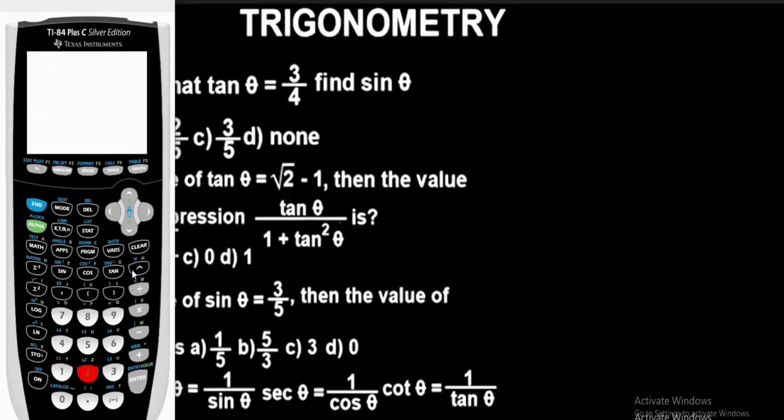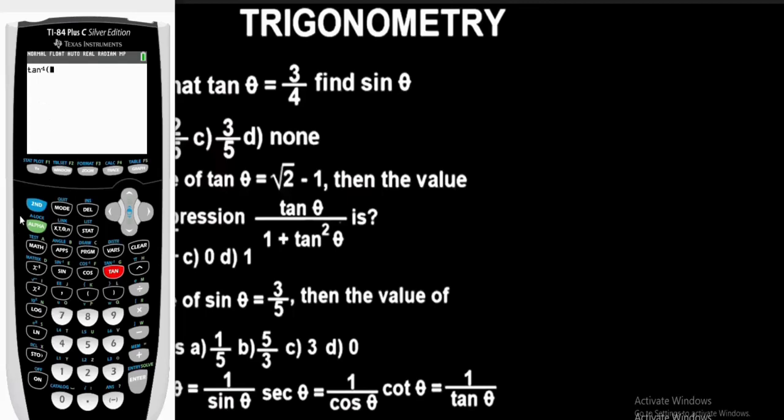It is done. Right now let's store the value of tan inverse of square root of 2 minus 1 as x on the calculator.